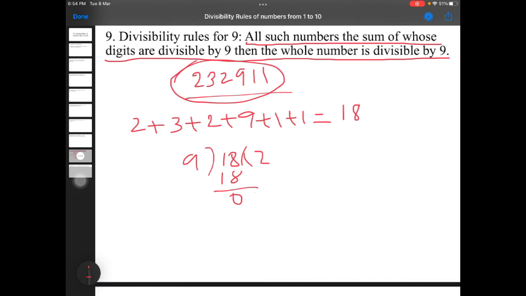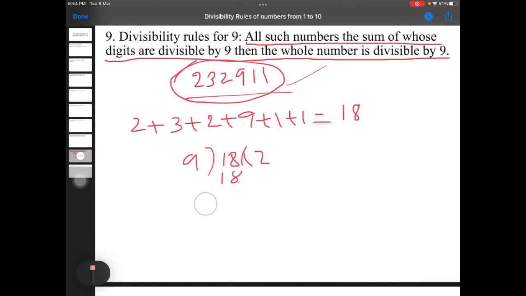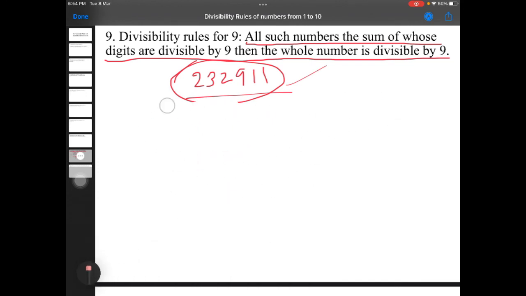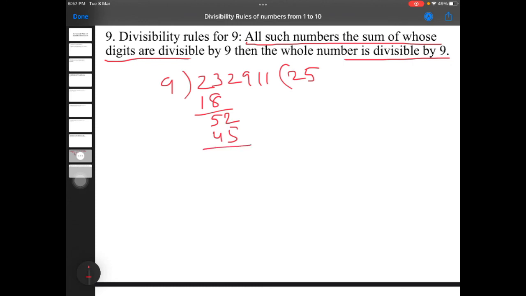Let's try to prove whether this whole number can be divided by 9 or not. 232911 divided by 9. First we'll go with 2, will be 18. So remaining will be 5, then 2 will come down. Then here we'll go with 5, will be 45. 52 minus 45, it will be 7.